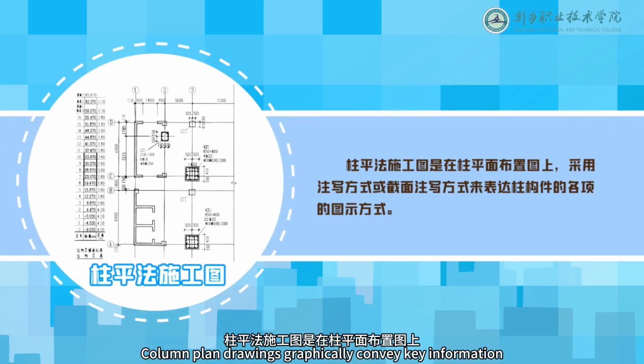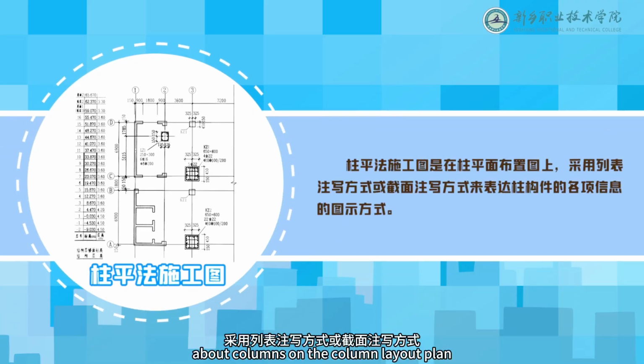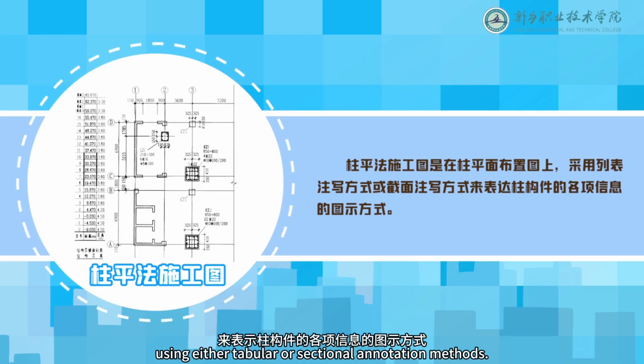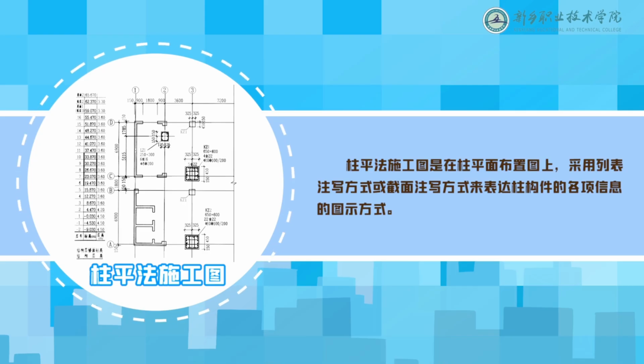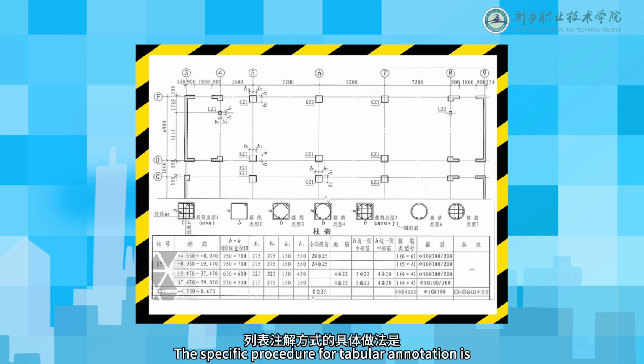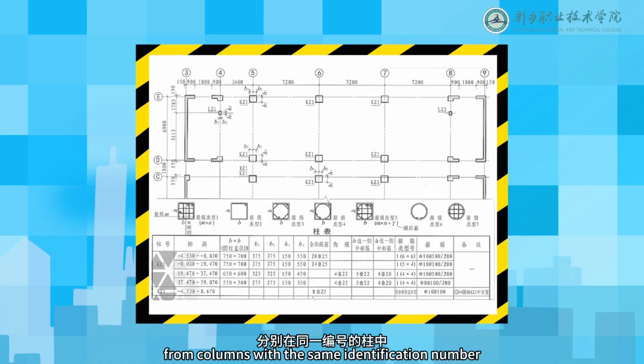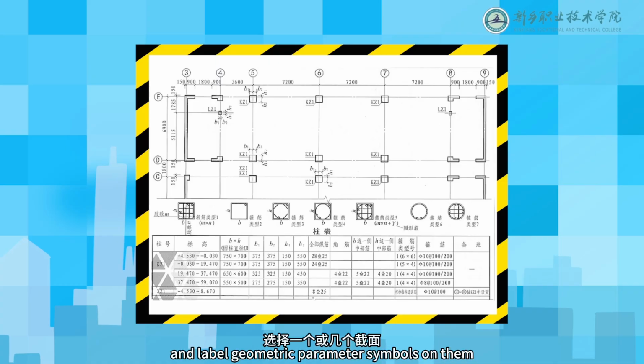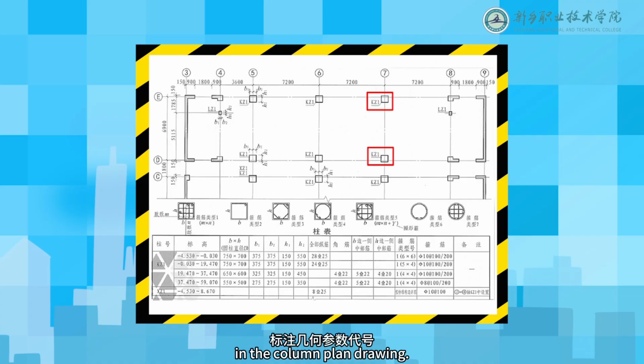Column plan drawings graphically convey key information about columns on the column layout plan, using either tabular or sectional annotation methods. The specific procedure for tabular annotation is to select one or several cross-sections from columns with the same identification number and label geometric parameter symbols on them in the column plan drawing.